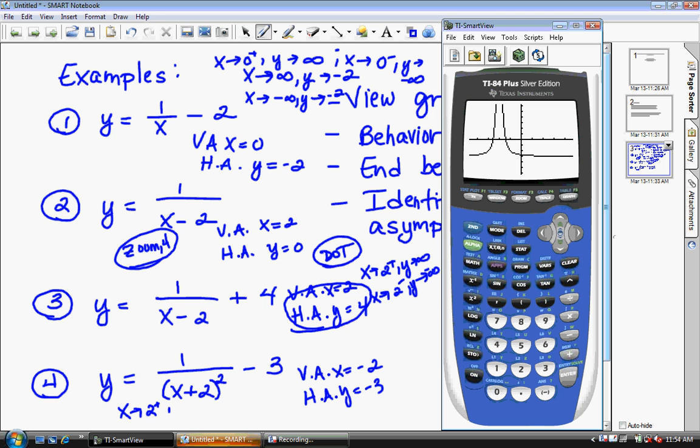As x is approaching negative 2 from the right, y is approaching infinity. As x is approaching negative 2 from the left, y is also approaching infinity. And then as x approaches infinity, y is approaching negative 3. And as x approaches negative infinity, y is approaching negative 3.